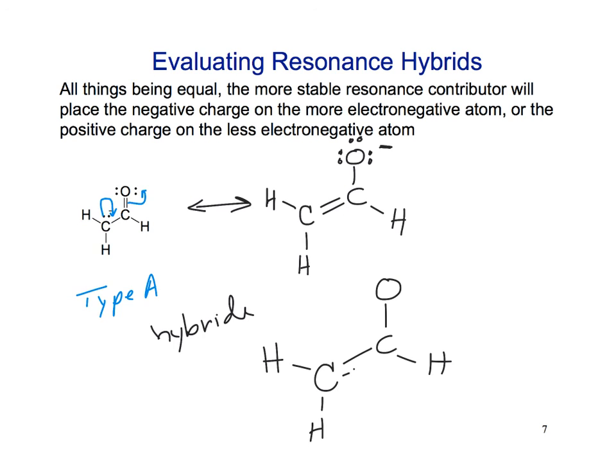Right, we're going to have a partial double bond here and a partial double bond here, and we're going to have a delta minus here and a delta minus here, and maybe we could say a delta minus minus on the oxygen. So in this structure, the minus charge is spread between the oxygen and the carbon. It's dispersed or delocalized between those two atoms, but a bit more of that charge resides on the oxygen.